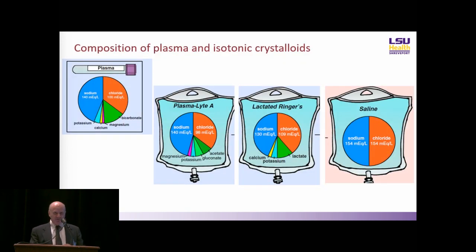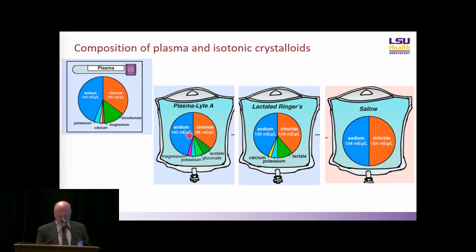So what are the compositions of these fluids I'm talking about? For reference, on the left-hand side, and I'm just going to point out, we're most focusing on sodium and chloride. Sodium 140 in plasma and about 100 of chloride in plasma.